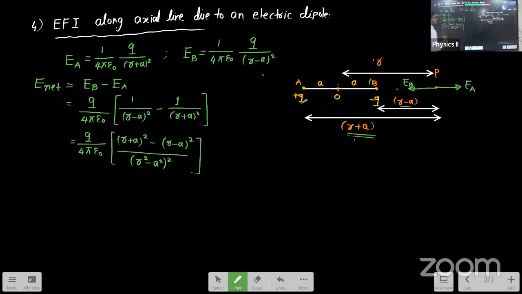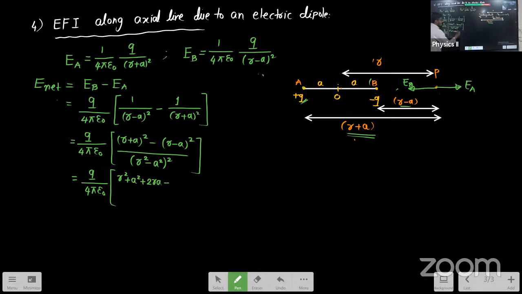Now let us simplify this. Directly you can write down the 4 steps in the annual examination, but I am simplifying here. So here we are getting Q by 4 pi epsilon naught. What is the formula for (A plus B) whole square? A square plus B square plus 2AB. So (R plus A) whole square will become R square plus A square plus 2RA.